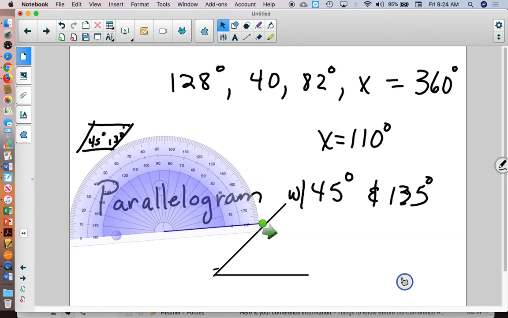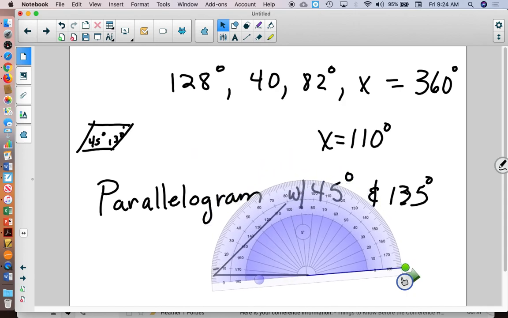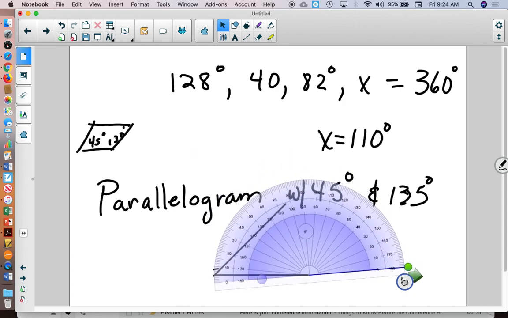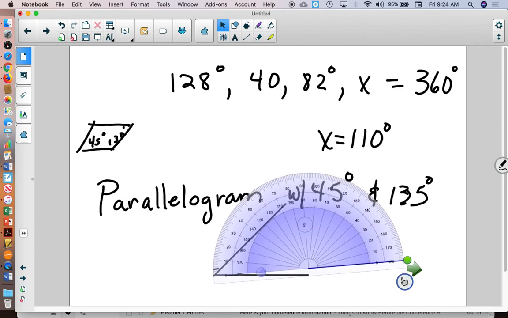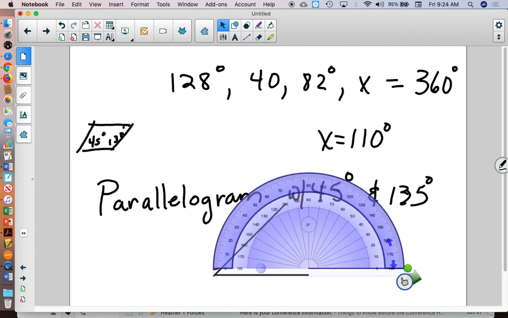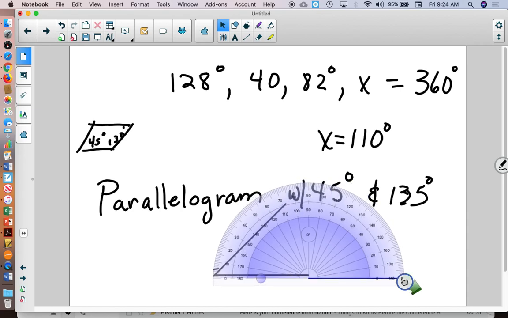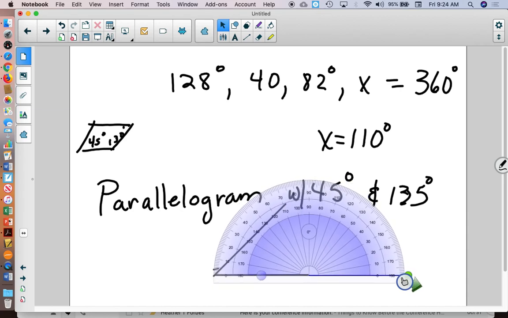So I'm going to grab my protractor again, and I'm going to come over here and set it up. Now, we said this other angle has to be 135 degrees. So technically, it's coming from here and it's opening up. Do you agree? So I'm going to come all the way over to where it's 135.